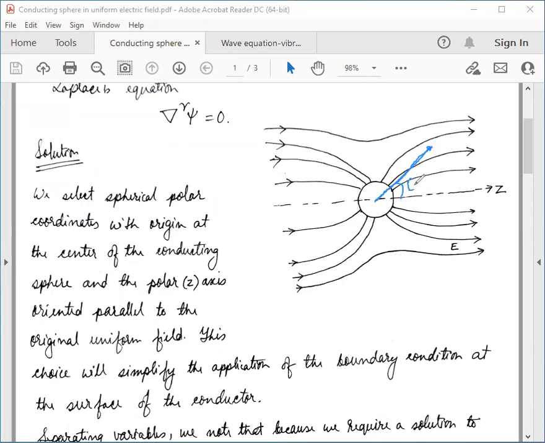This angle is theta. And what is the value of z? This part is the value of z, and this distance is r, so z is r cos theta. Very simple. Z equal to r cos theta. So z is this distance.